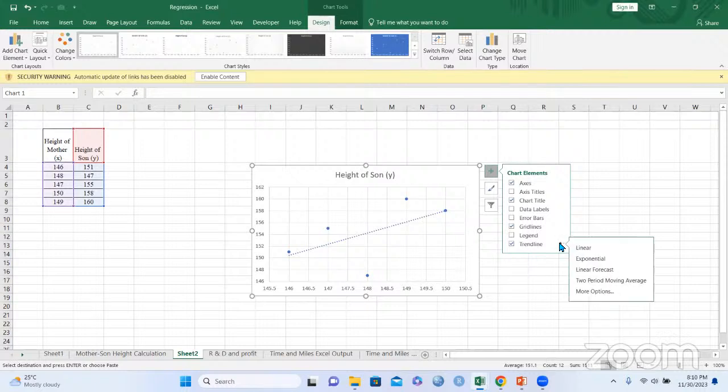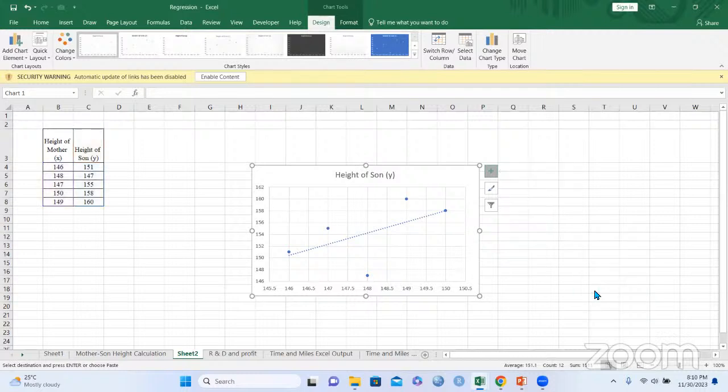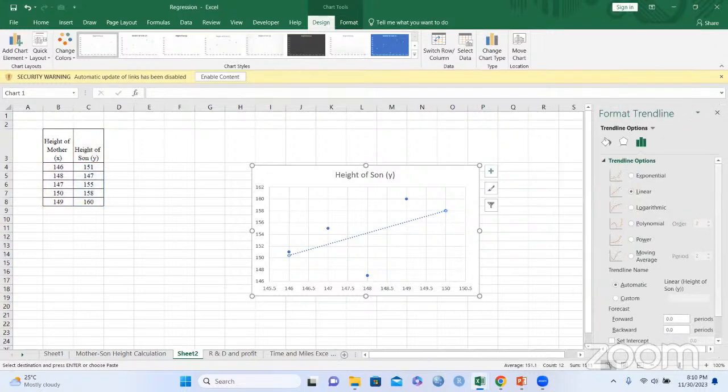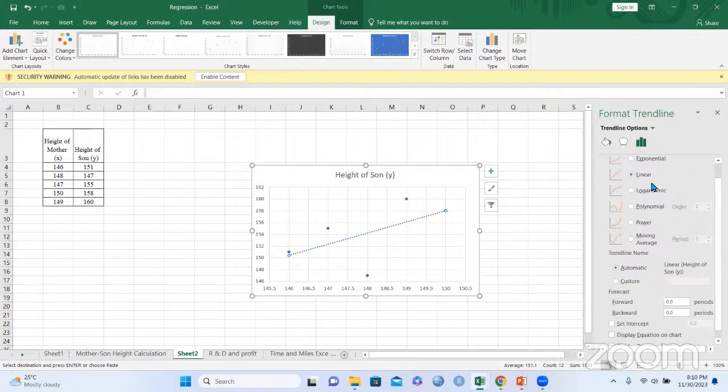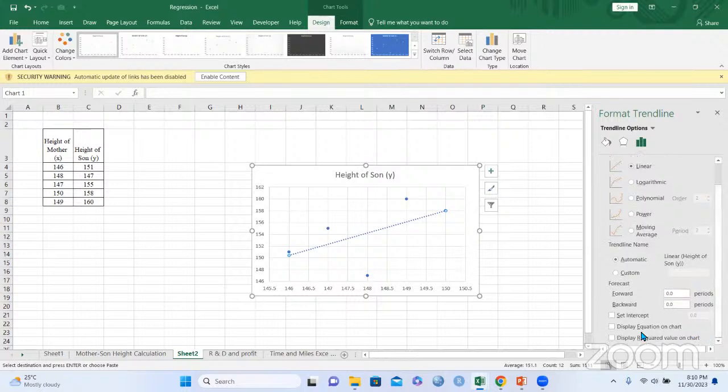And if you want to see the equation form, you have to go to more options. And here you can see automatically that linear will be highlighted. And if you go down, you have to check display equation on chart. Now we have got the equation on the chart, and display r square.